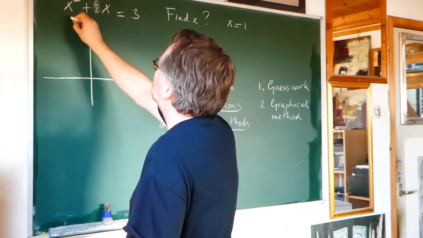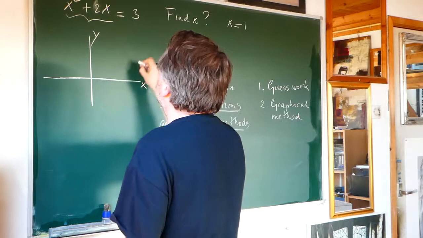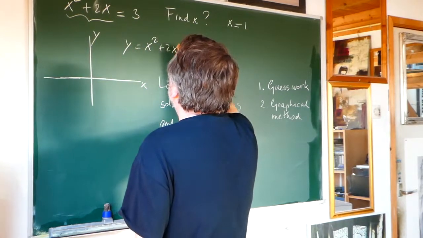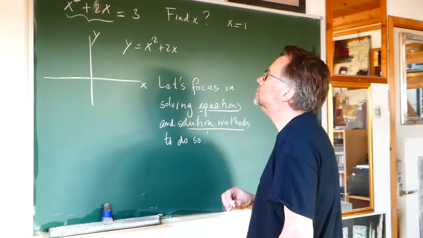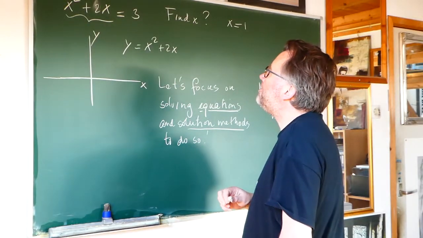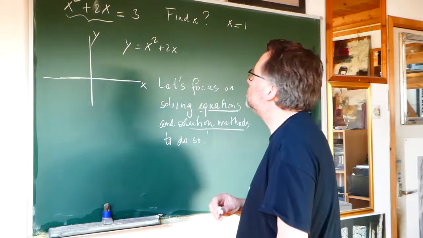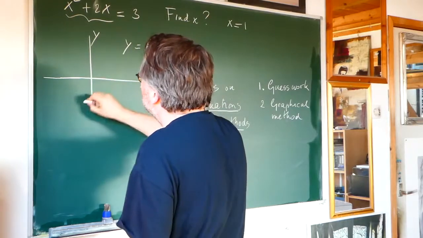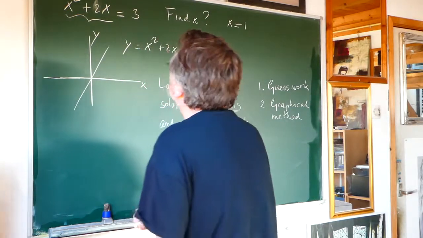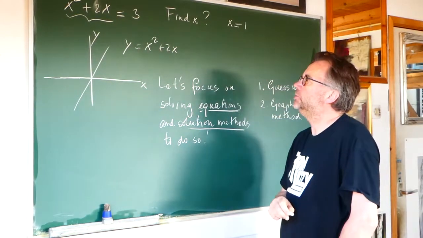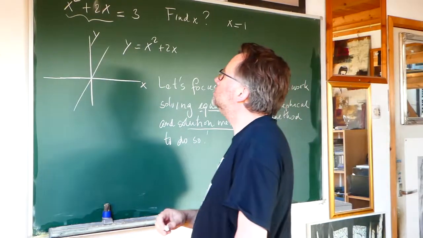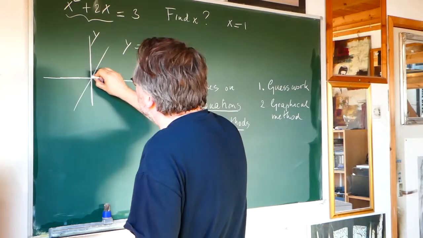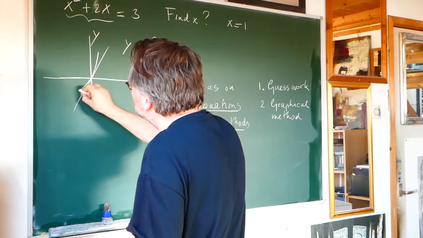And then I just draw the graph of y. The graph y is x squared plus 2x. So without x squared, that's a straight line with slope 2. And then I add x squared. So that will make that it does something like this.